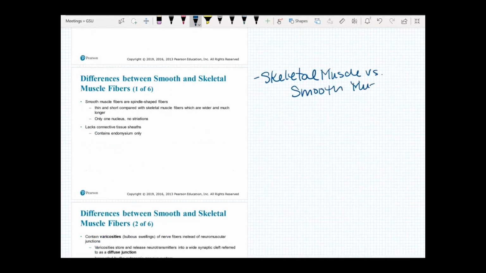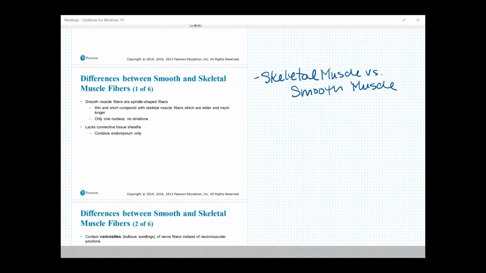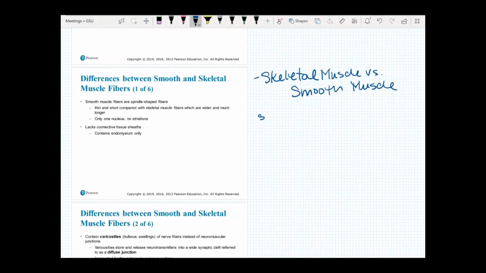What makes them different from the microscopic perspective, how they are actually different? Smooth muscle will have spindle-shaped fibers. So the spindle-shaped means it'll look like this. They will be spindle-shaped fibers.